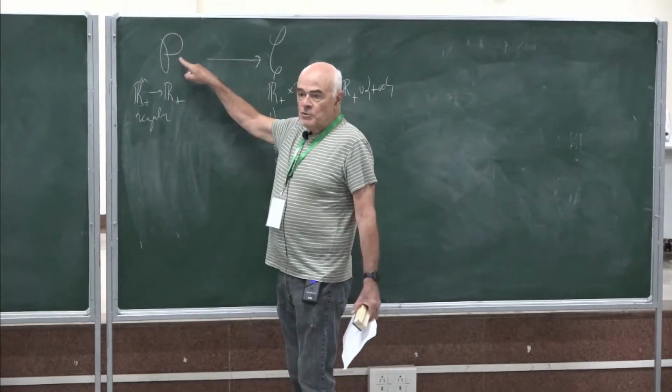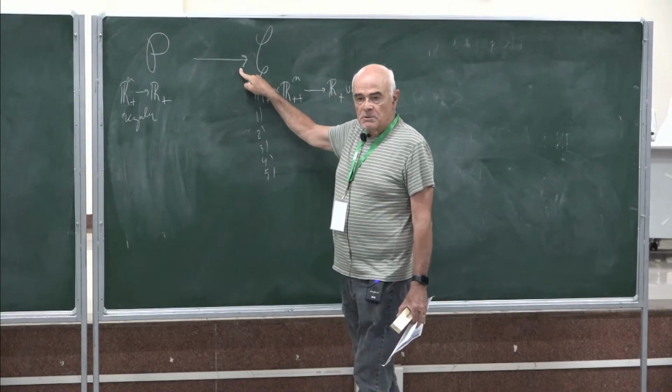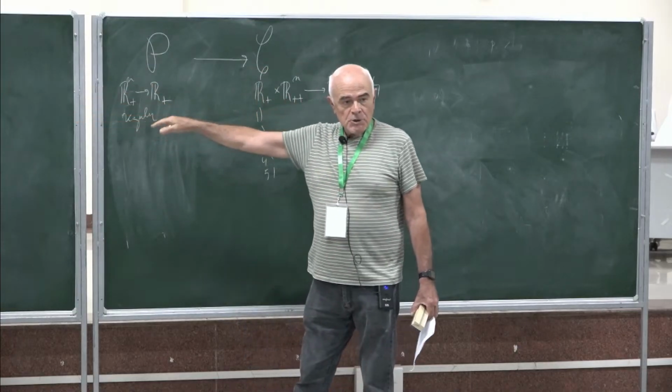From here, we move to there just by defining the cost function. But we can go back by this formula. So this is a bijection.